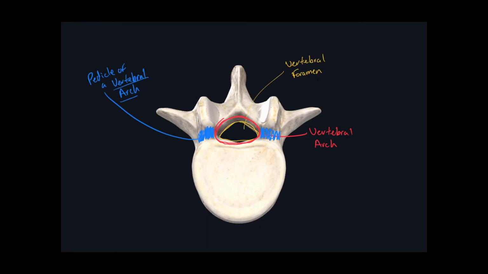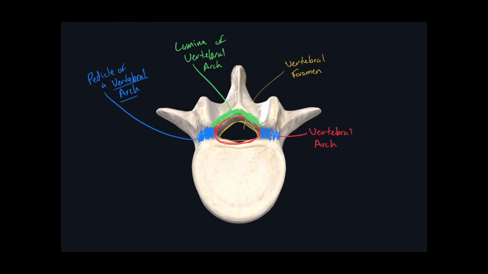Now, what is considered the roof of the vertebral arch, indicated in green, is called the lamina of a vertebral arch. And those two landmarks make up the vertebral arch.